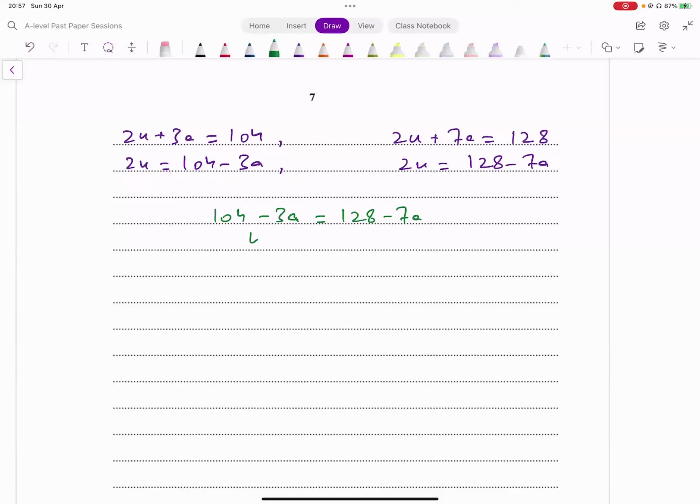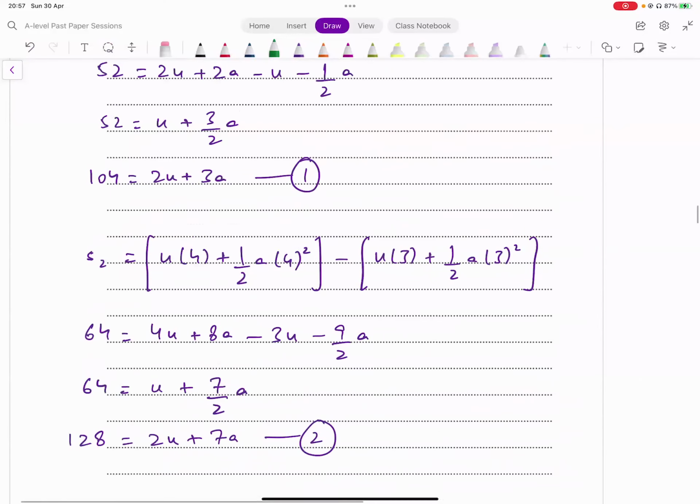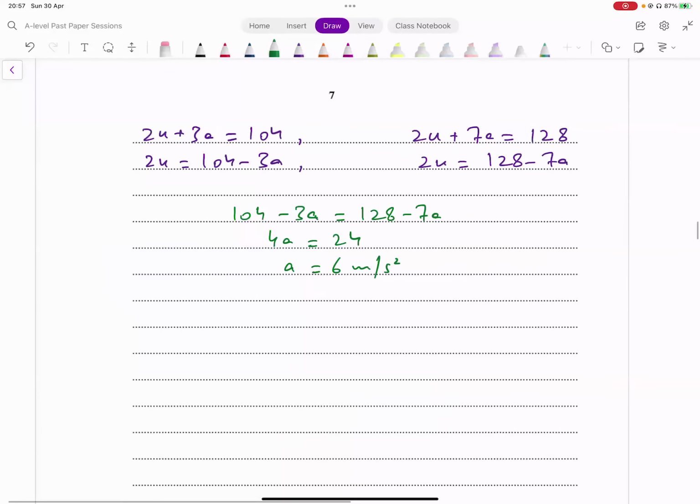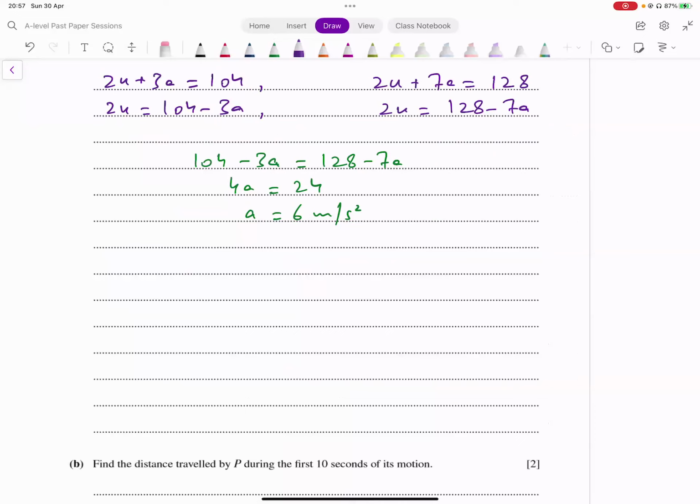7a goes to the left side, that gives us 4a. On the right side we have 128 minus 104, that's 24, and the value of a turns out to be 6 from here. That's the acceleration that we were looking for. Okay, acceleration आ गई. अब क्या करें, इसको वापस input कर दें हम किसी equation में to find the value of u. इसमें से किसी भी equation में डाल दें.